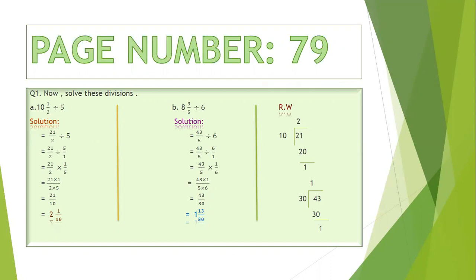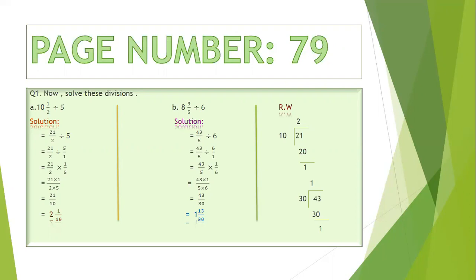The first part is 10 whole number 1 by 2 divided by 5, and I told you you can always first convert the mixed fraction into an improper fraction and then simplify. 10 whole number 1 by 2 in its simplest form will be 21 over 2 divided by 5 over 1.